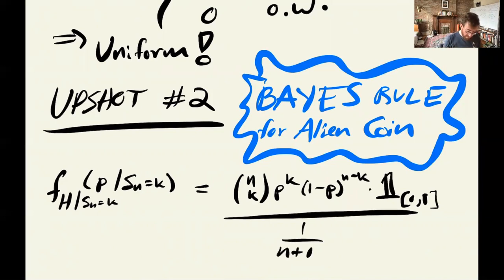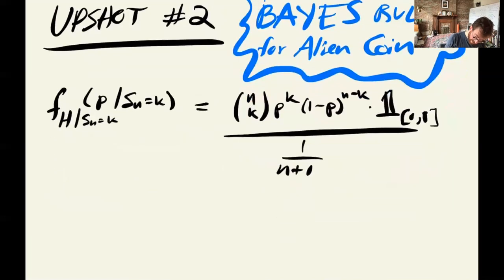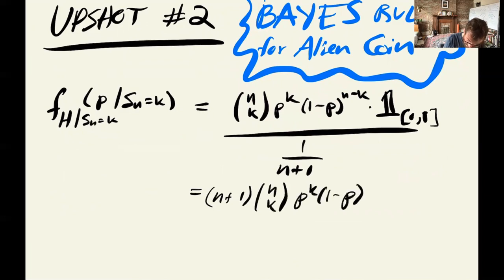And this kind of distribution itself has a special name. This is in fact called the beta distribution. If I just flip around and bring this up top, this looks like n plus 1 times n choose k, p to the k, 1 minus p, n minus k.